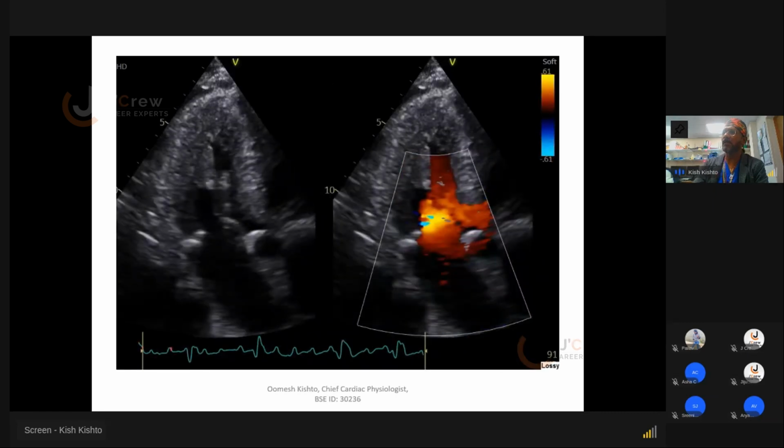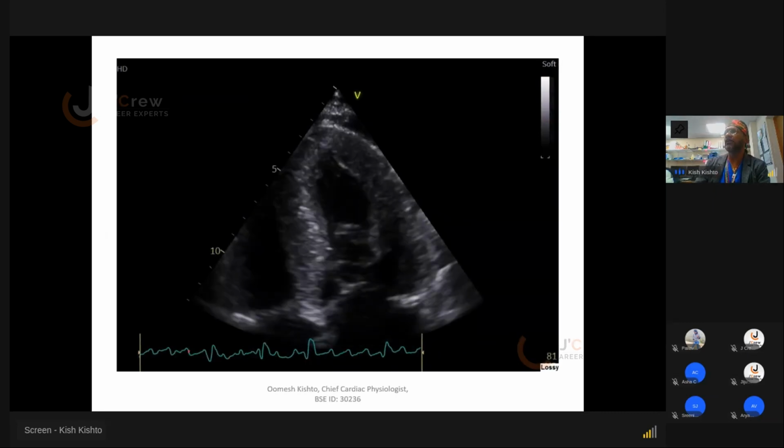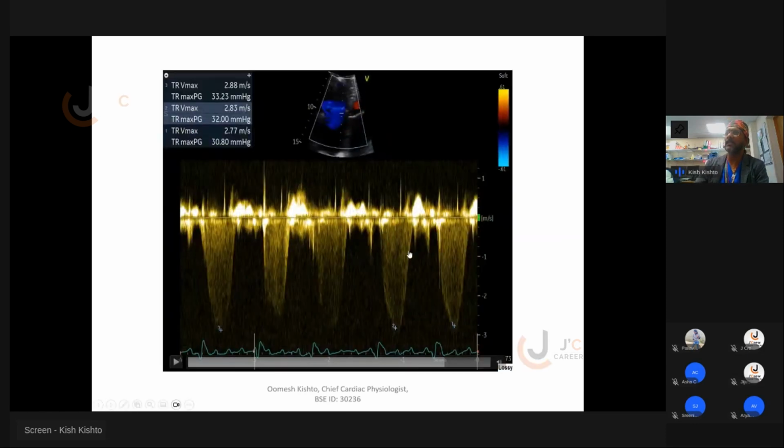I don't remember if I did it or not. Looking at all the function, but again you can see it's very speckly, and this is a TR. So there we go. This is atrial flutter.